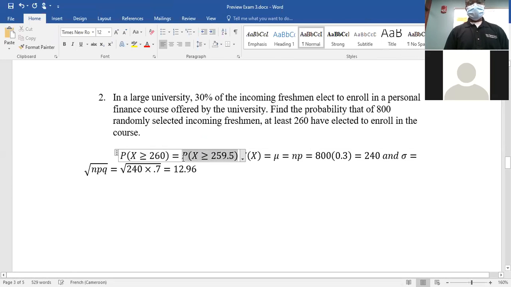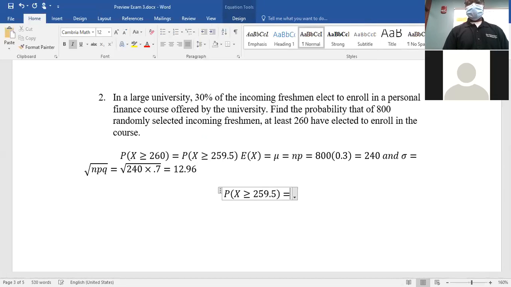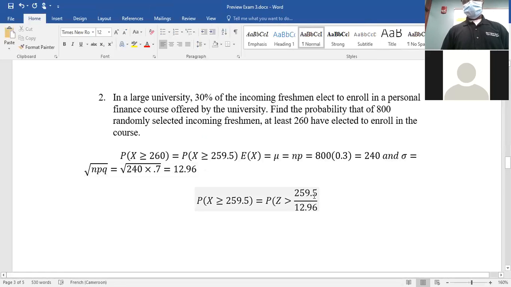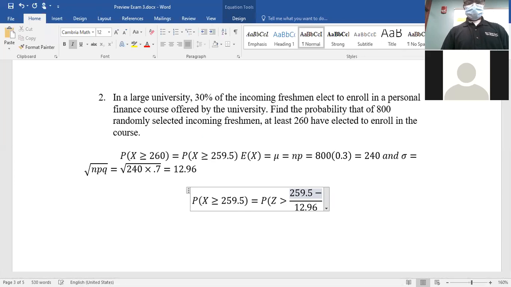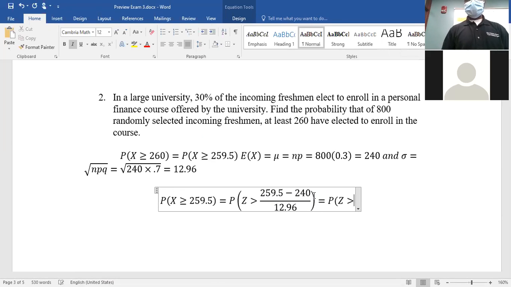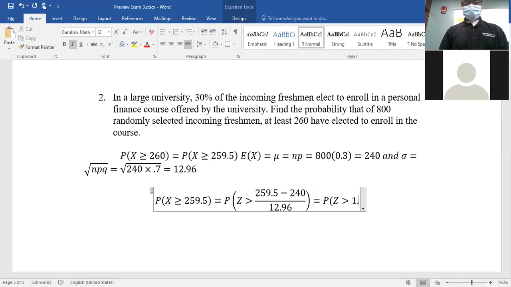So we are now going to use this to be equal to the probability that Z is greater than 259.5 minus 240 divided by 12.96. Which is 1.5.